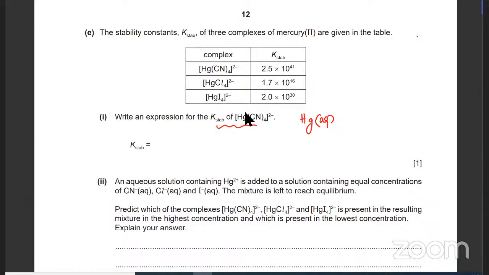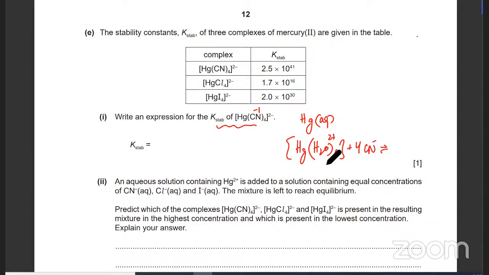I think that would be +2 because CN is -1, so the total charge is -2, so Hg must be +2. So it's Hg aqueous, or you can write it as Hg with 6 water molecules, and the whole thing will have a charge of 2+ and 4 CN- ions come in and there's going to be a ligand exchange.